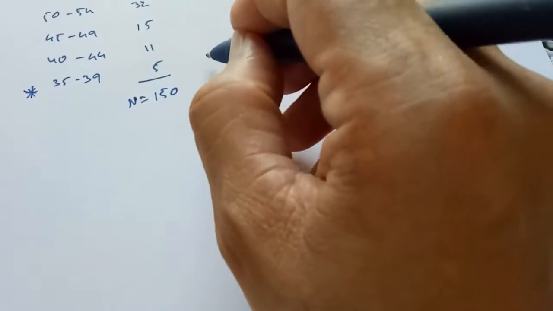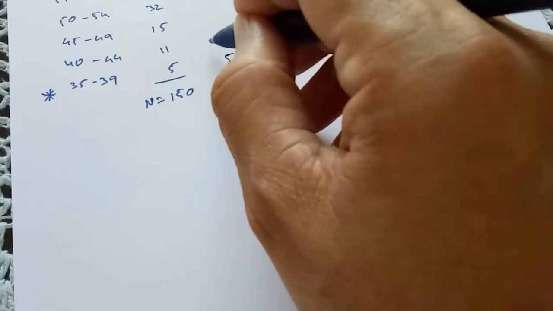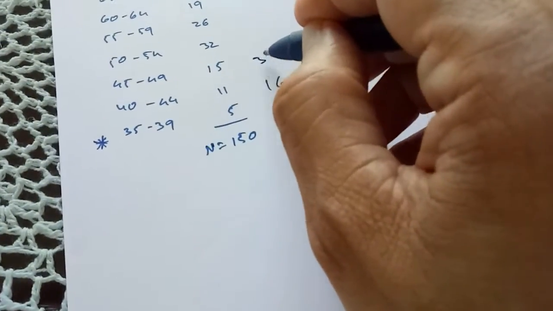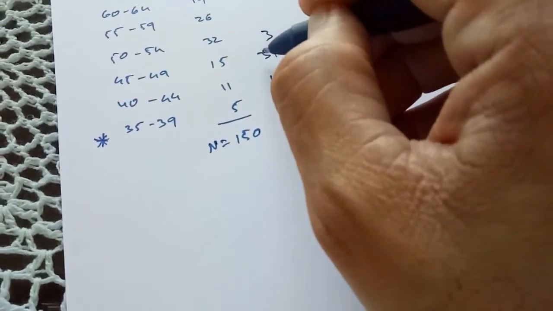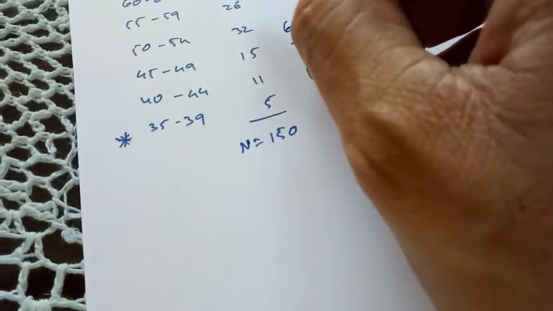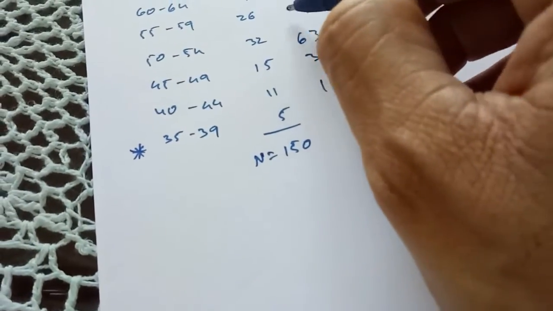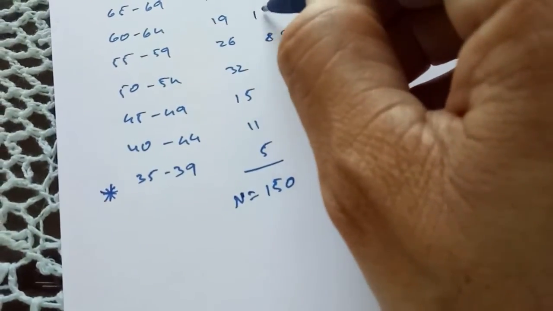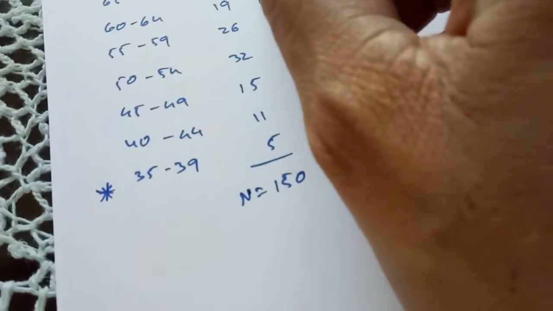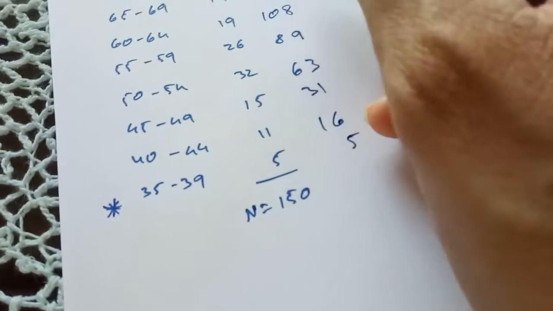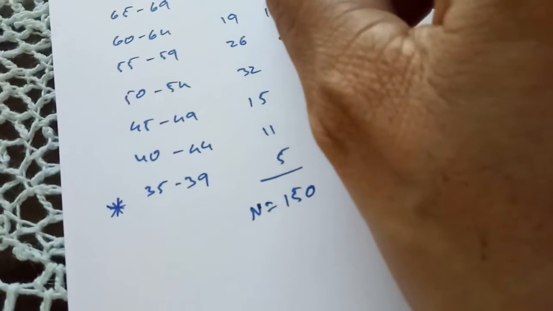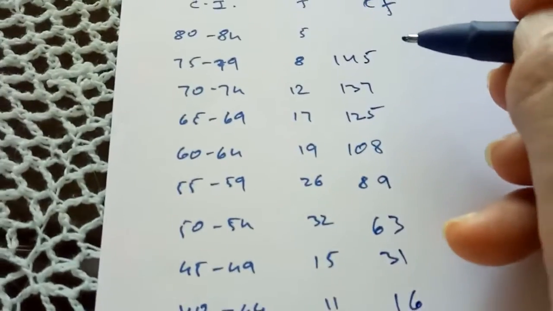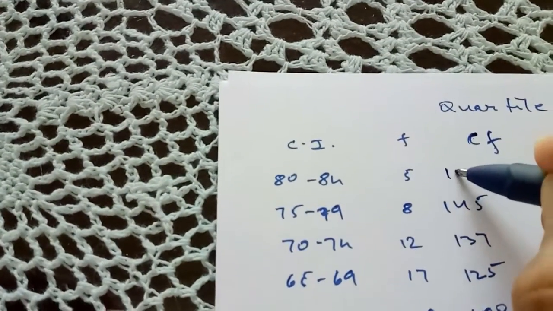Now here what you have is 5 plus 11, 16, plus 15 is 31, plus 32 is 63, and so on: 89, then you have 108, 108 plus 17 is 125, 137, plus 8, 145, plus 5 is 150.